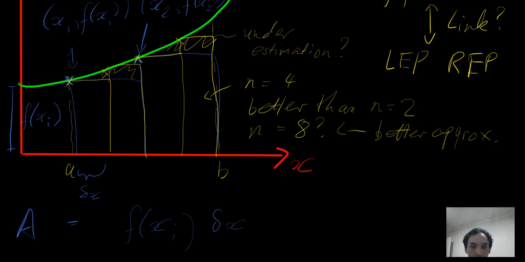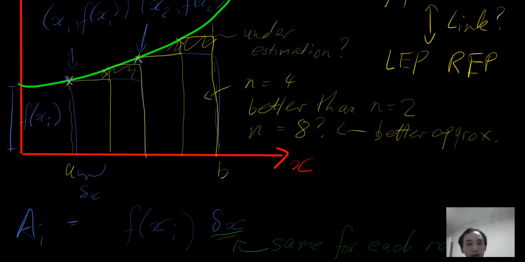And this doesn't change for whatever rectangle you use. So this one over here is the same for each rectangle. Okay, and of course, this is the area of rectangle i. So for rectangle 1, where i is equal to 1, you find the area of the first rectangle. So you need f of x1 over here.